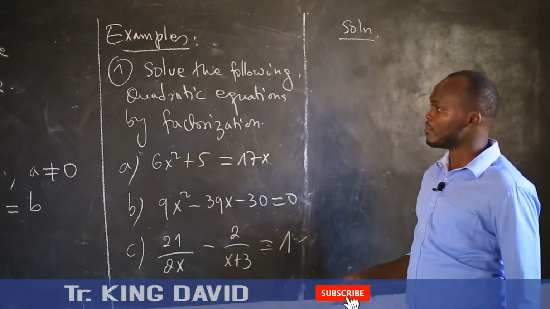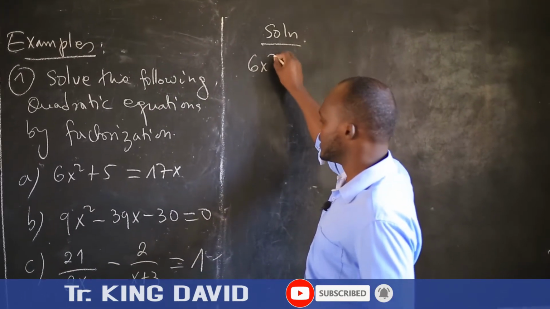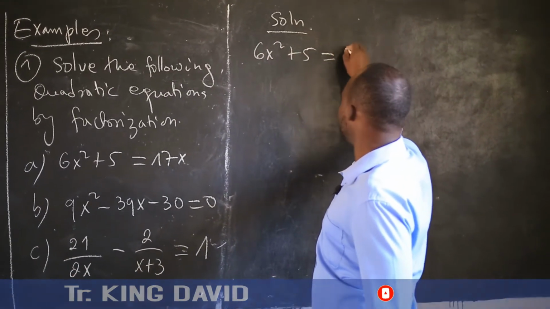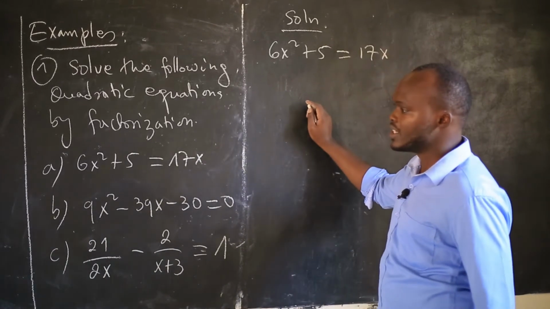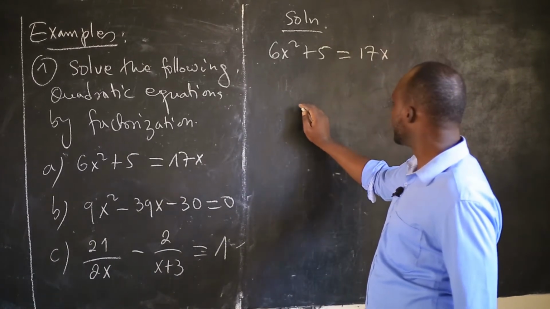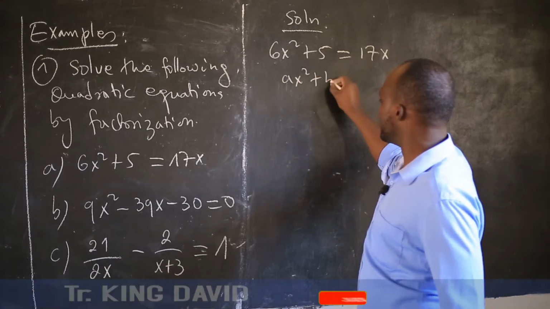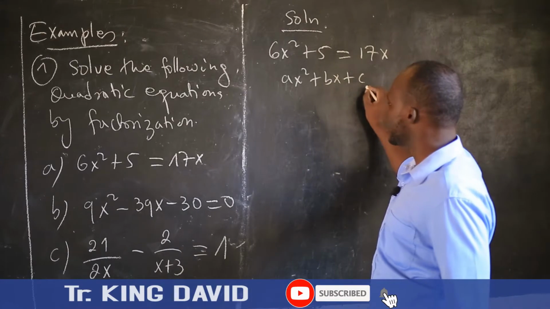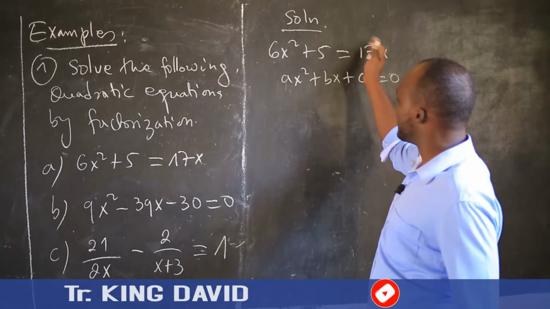So I have 6x squared plus 5 equal to 17x. The first step is to arrange this equation in quadratic form, which is ax squared plus bx plus c equal to 0. So I'm going to bring this 17x on that side.